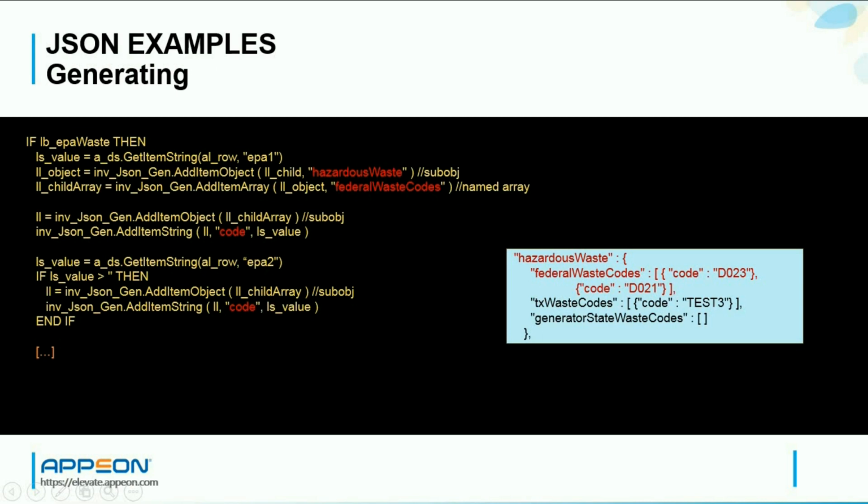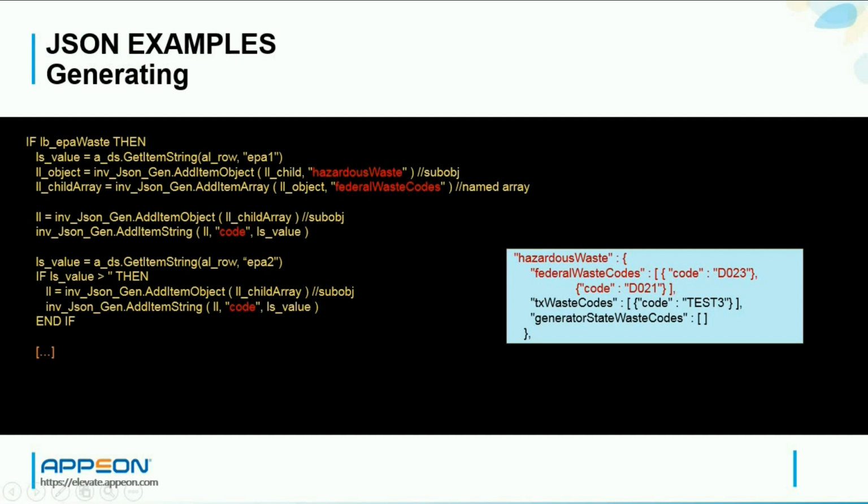We name that item object hazardous waste, and that's what appears here. Then we tell it to add an item array, and we call that item array federal waste codes. So that's this. Notice the square brackets. That's an array.